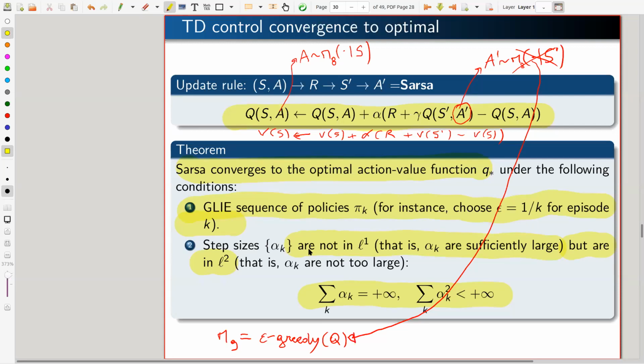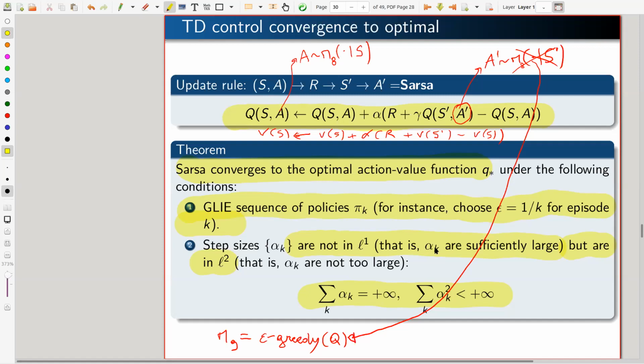And the learning rate, in the same way, encodes the trust you have in your new target. If the learning rate is 1, it means that you are completely replacing the old value with the new target.